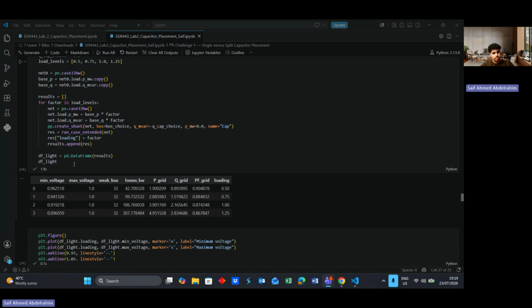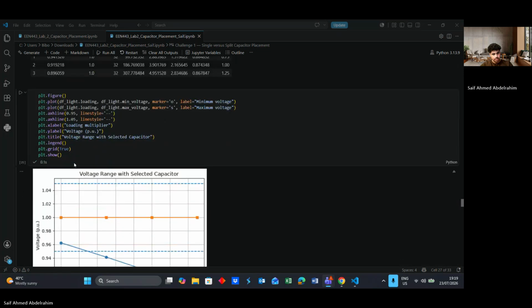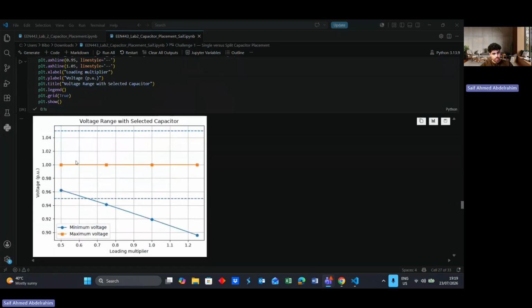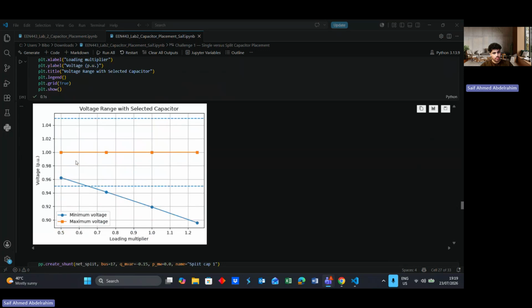At 50% loading, the minimum voltage was approximately 0.96252 per unit. The maximum voltage remained at 1 per unit at every tested loading level. So this graph confirms that no light load overvoltage occurred. However, undervoltage remained at loading levels of 75% and above.